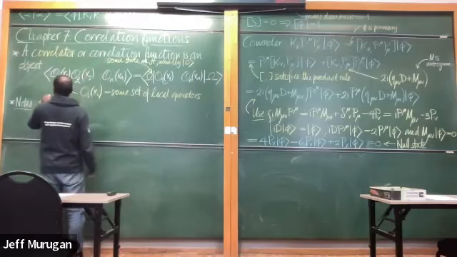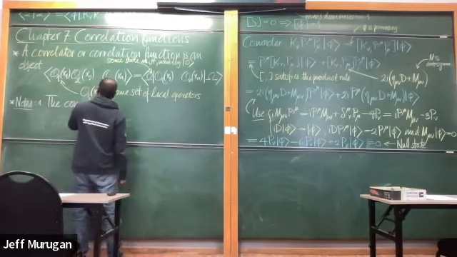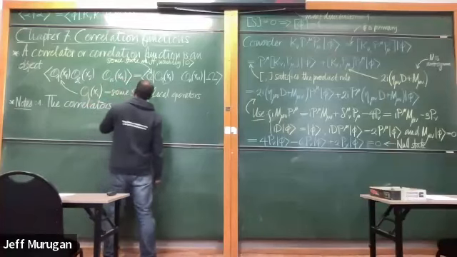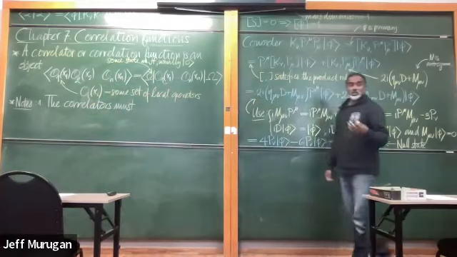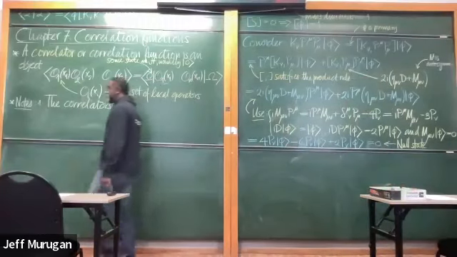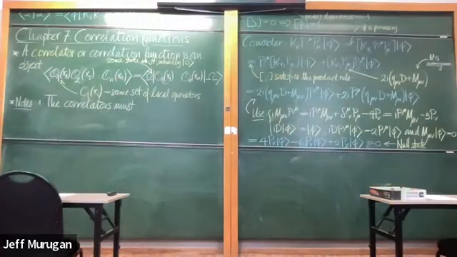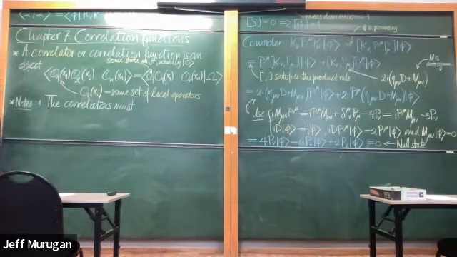Point number 1 is the correlation functions, because they're observables, must be invariant under the same set of symmetries that the theory is invariant under. If my theory has some symmetry, the correlation functions must have that same symmetry. We already know that the fields themselves are not invariant under that symmetry. They transform covariantly; in other words, there's some change that happens when I make a symmetry transformation on the field.